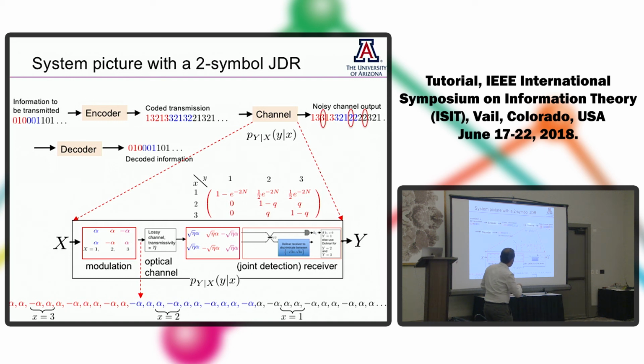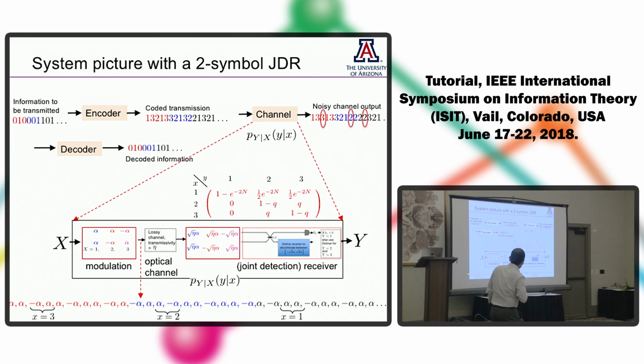Then it goes into your channel, but that channel is not the original channel. It's now the channel that is induced by that physical channel, which could be a lossy channel or an identity channel, and the choice of your receiver. So this whole thing is your P of y given x, which is a 3x3 transition matrix, and you get noise because sometimes you make noisy decisions, and then the decoder maps it back to your information transmission that gets decoded out.